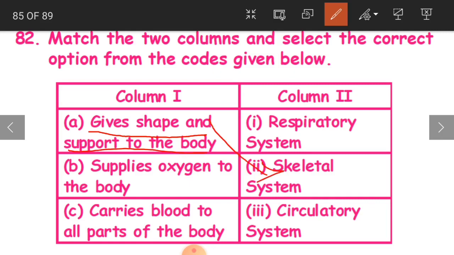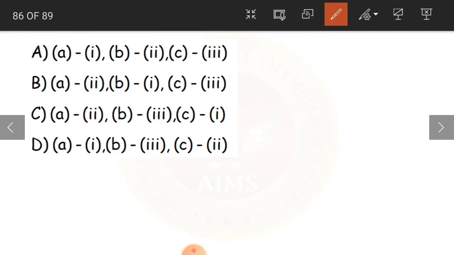Skeletal system. Supplies oxygen to the body: respiratory system. Carries blood to all parts of the body: circulatory system. So what will be our answer? A2, B1 and C3. So B is our correct answer.